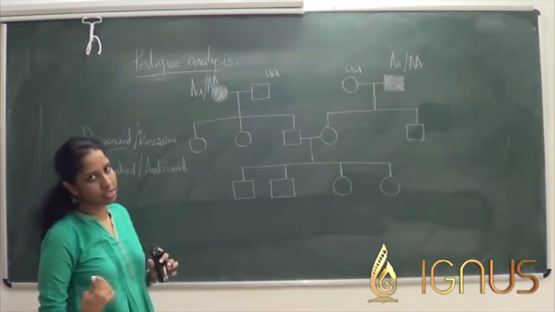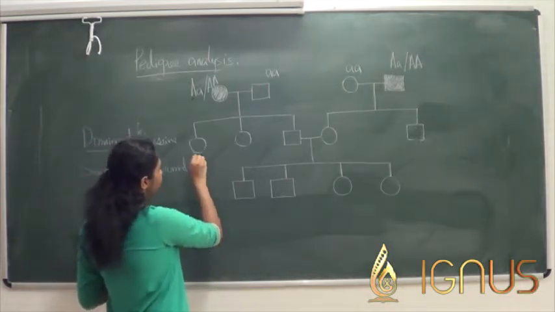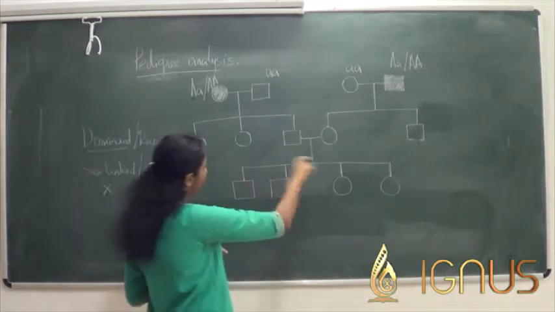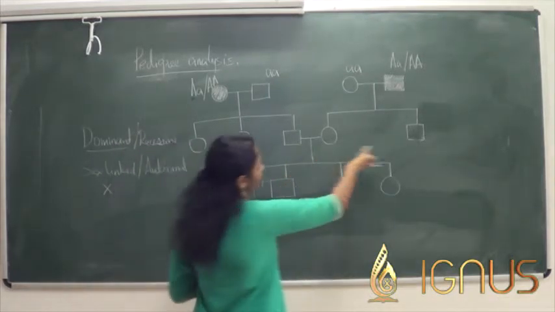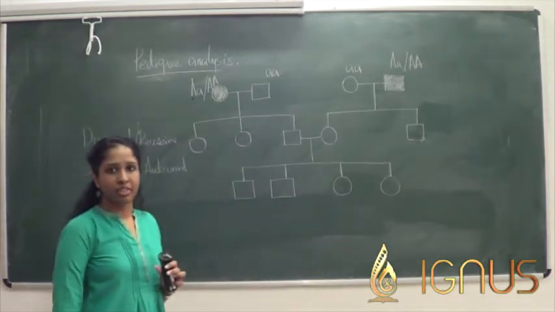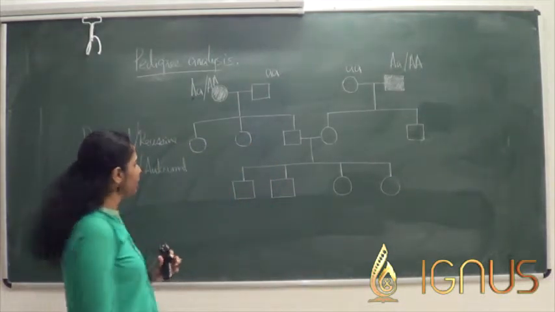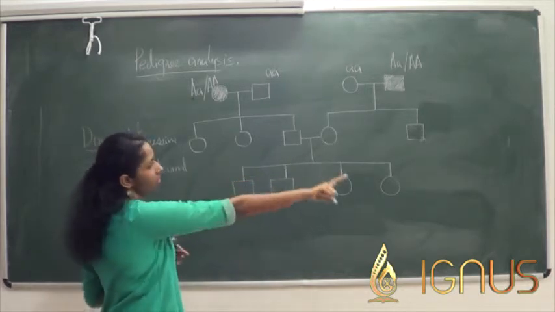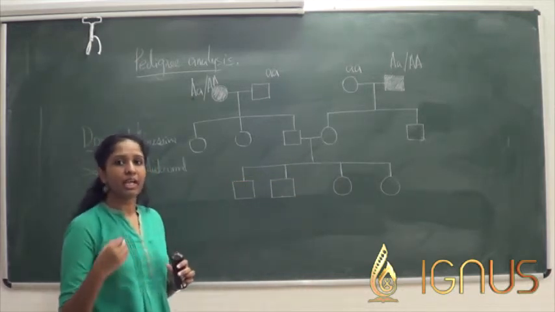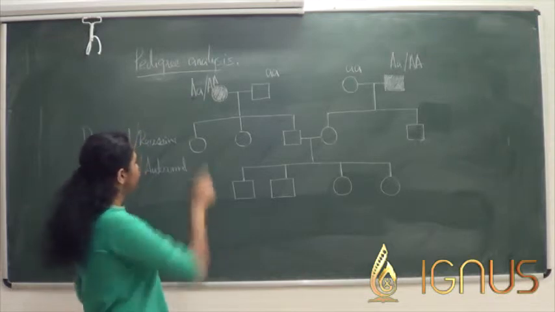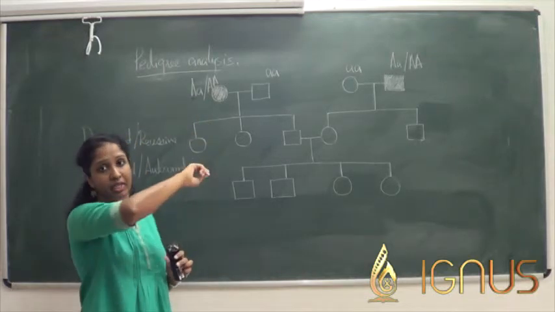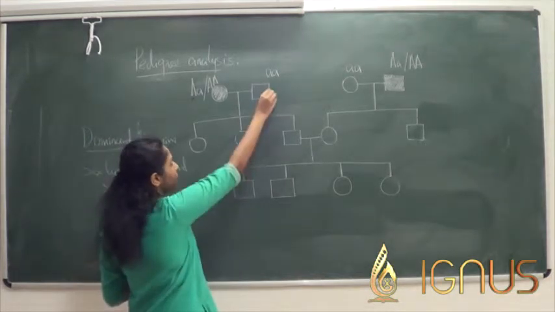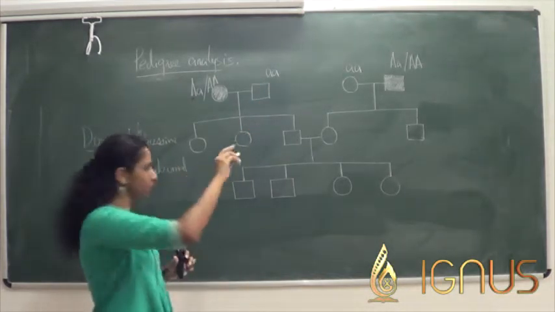Now how does the inheritance pattern go? You can see that none of the siblings, none of the progeny in both the cases have the trait. So none of the progeny have the trait, so all of them are not affected. Now this cannot happen when at least one of the parents is carrying the dominant trait. It cannot happen because one of the chromosomes is coming from the father for sure.